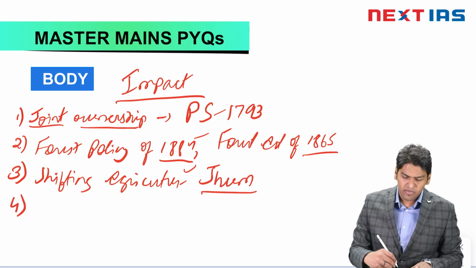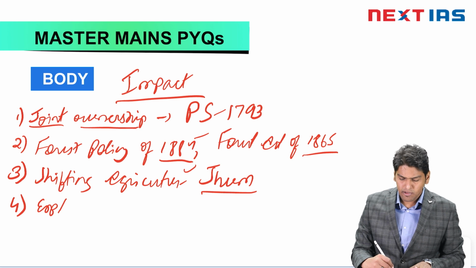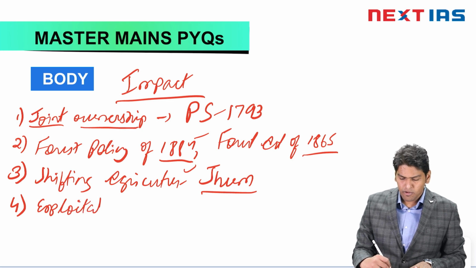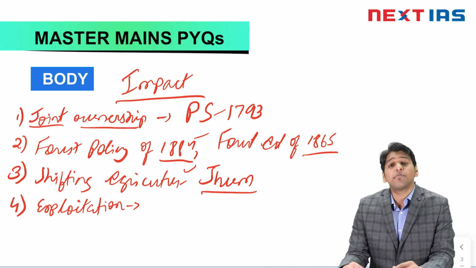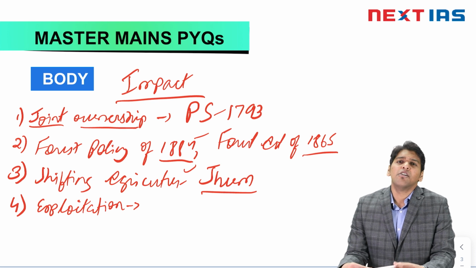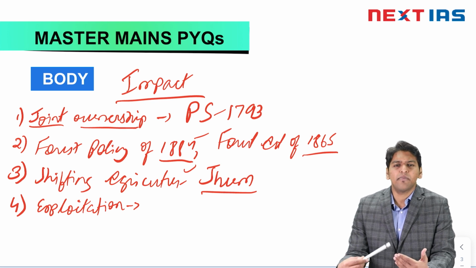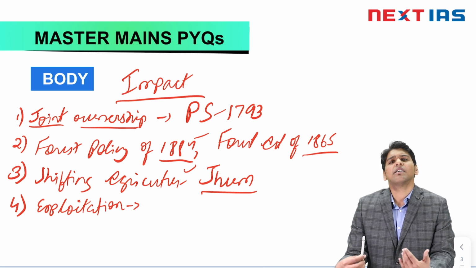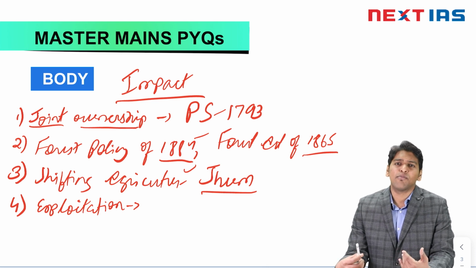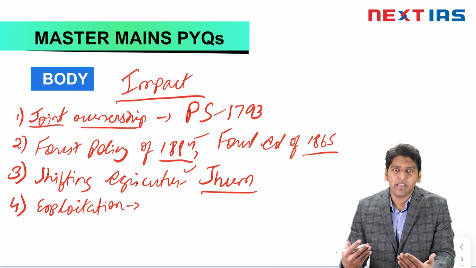Next, we have exploitation. The Indian rulers mostly wanted to keep the forest people, the tribal people, away, not to have any grudge, any kind of animosity towards them. So they did not interfere in their lives.